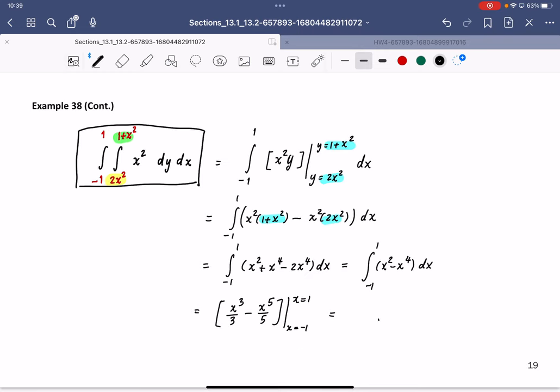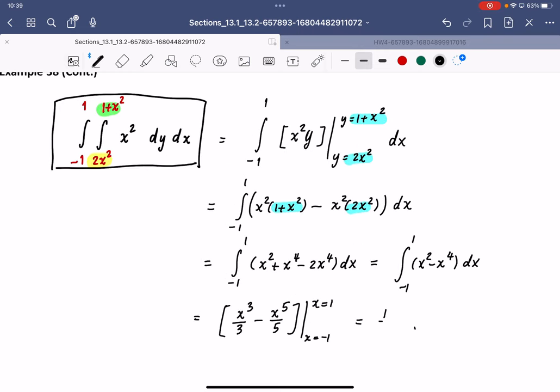So 1/3 minus 1/5, and then minus negative 1/3 minus negative 1/5, which is plus. And then at the end, you're going to see that some numbers group up.